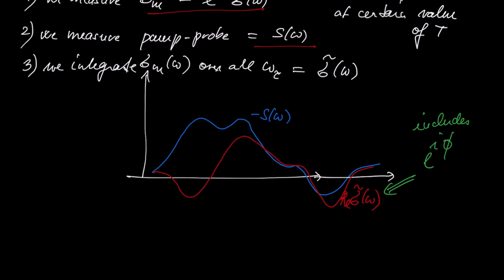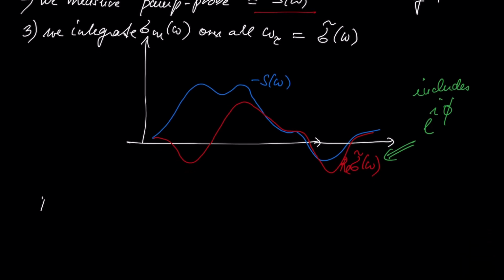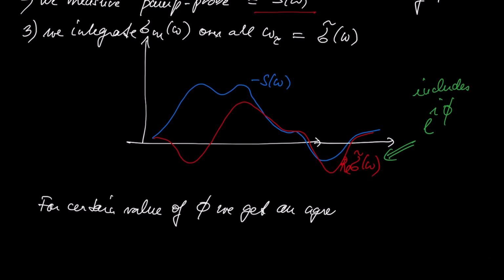And we can vary, we can fit the two spectra on each other, so that for a certain value of phi we get an agreement. That is basically how we fit the spectrum.